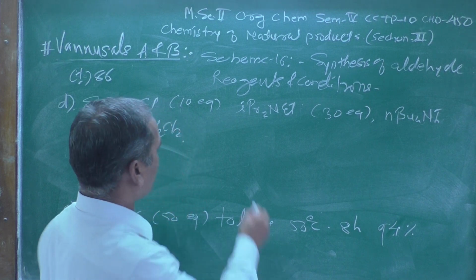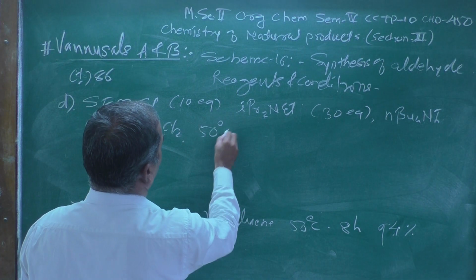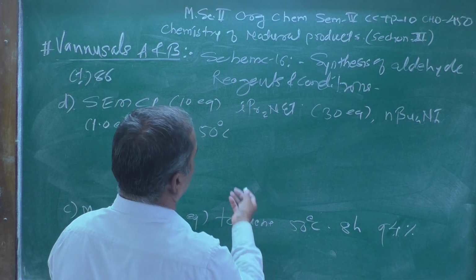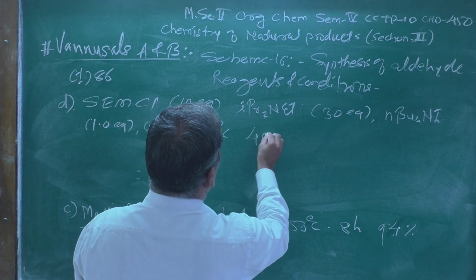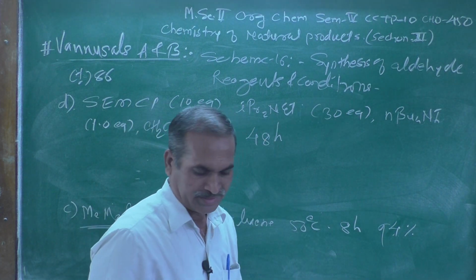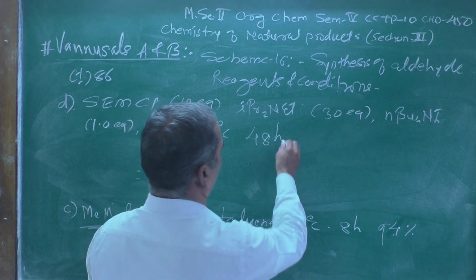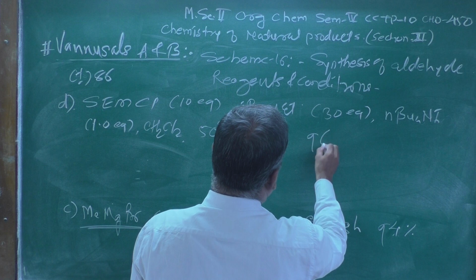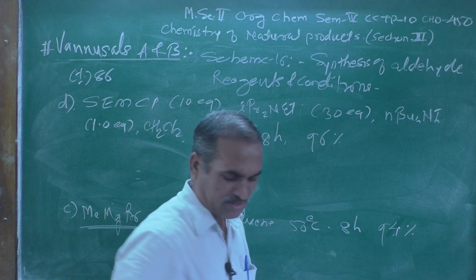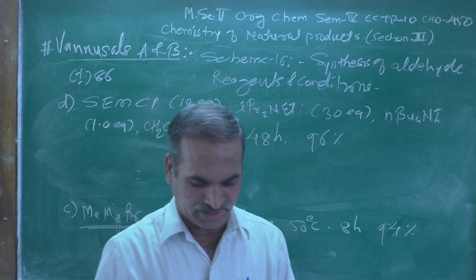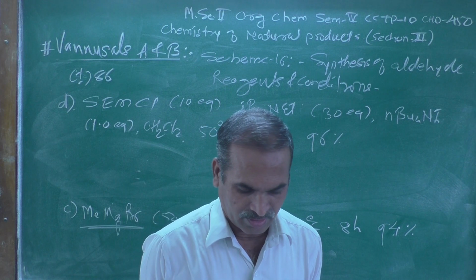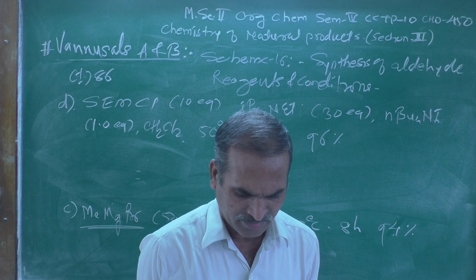The temperature was kept around 50 degrees centigrade, and the reaction mixture was stirred around 48 hours, and the yield obtained was approximately 96%, which is a very high yield, a very good reaction.